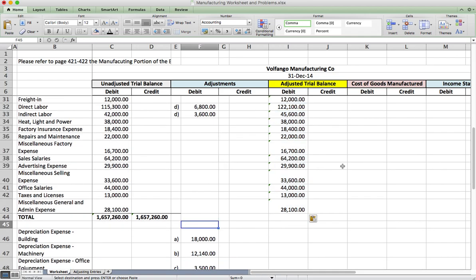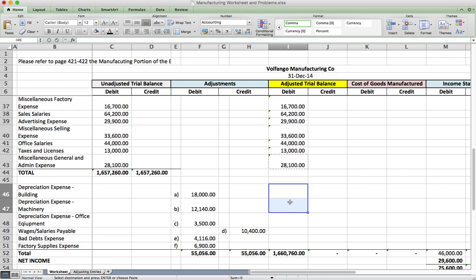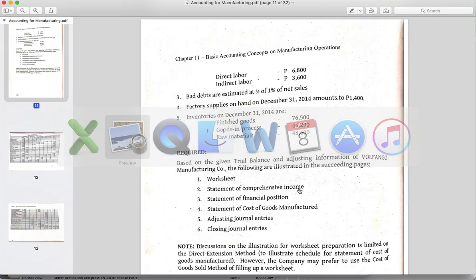Okay. Ano pa? Expenses natin dito sa baba. And factory supplies. Yun. Okay? Tingnan nga natin.